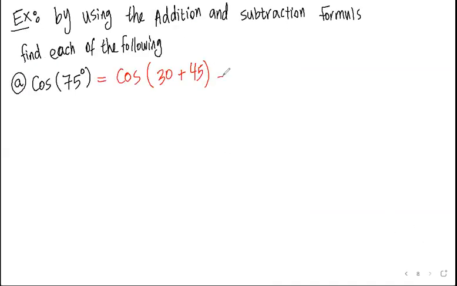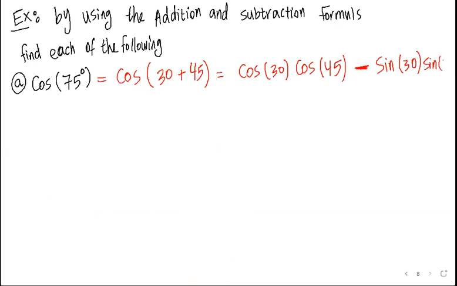So this is equal to cosine of 30, cosine of 45, minus sine of 30, sine of 45.